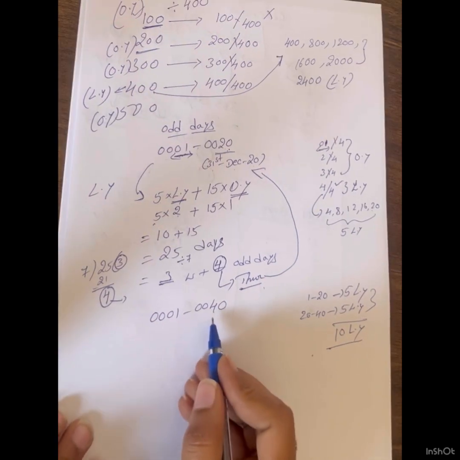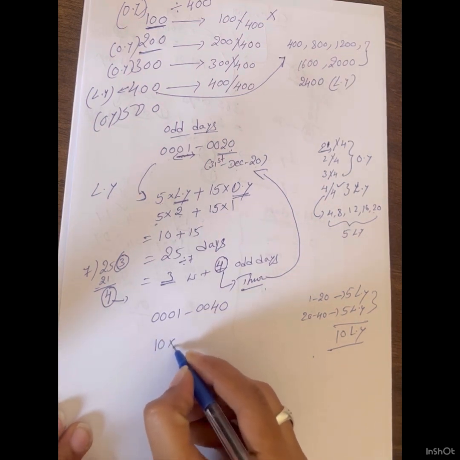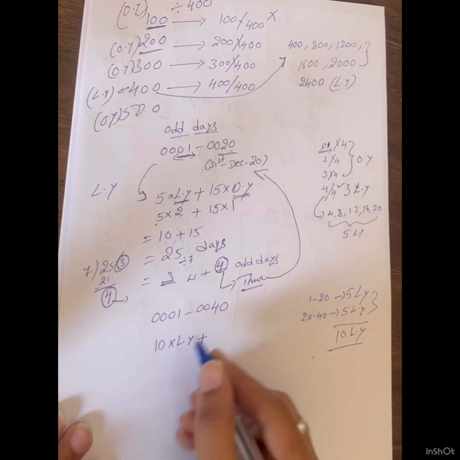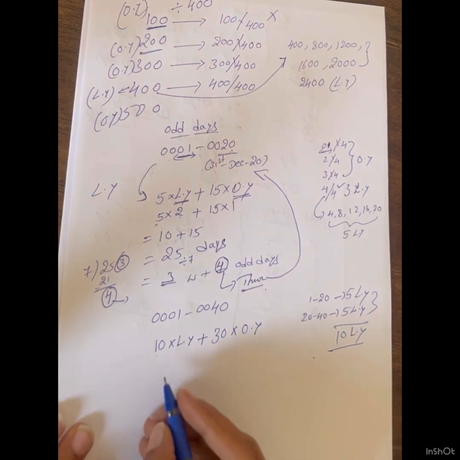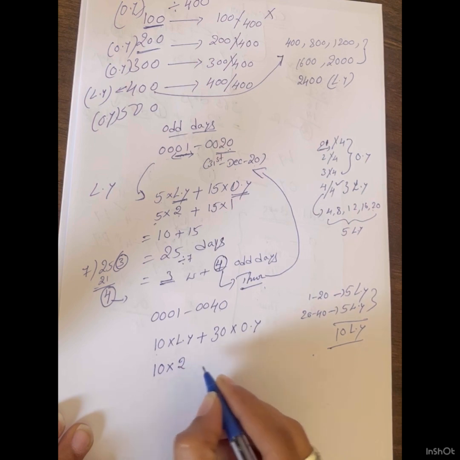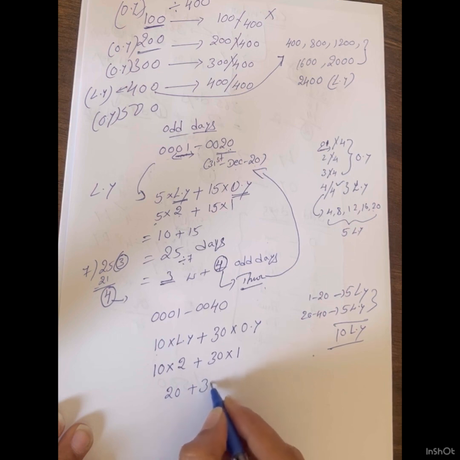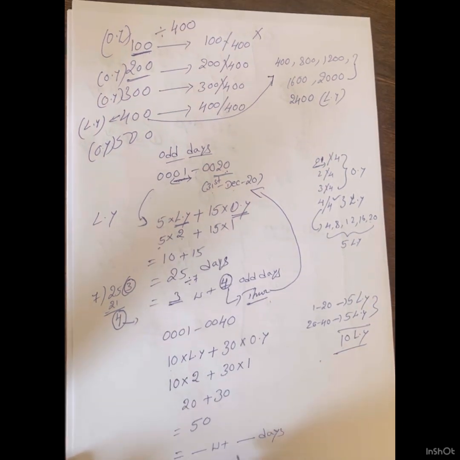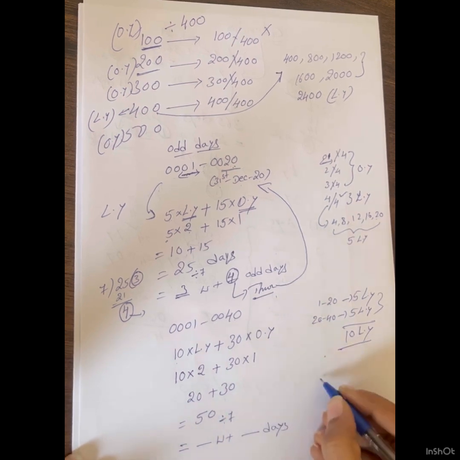In first year to 40th year, a total of 10 leap years are there. So write down here 10 into leap year plus, 40 minus 10, remaining 30 ordinary years. Okay, we already know every leap year contains 2 odd days. So write down here 10 into 2 plus 30 into 1. So this is 20 plus 30, which is nothing but 50. Now convert this into some weeks plus some odd days: just divide this by 7.